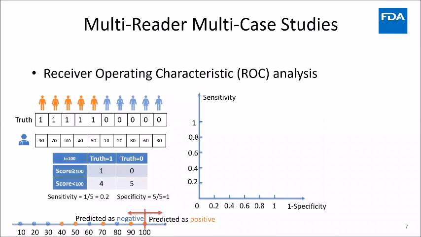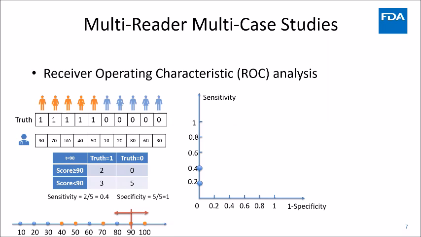Setting each score as the threshold, the cases with a score greater than the threshold will be predicted as positive, and the other cases will be predicted as negative. Then we have this confusion matrix, and we can compute the sensitivity and specificity for each threshold, which corresponds to one point on the plot.